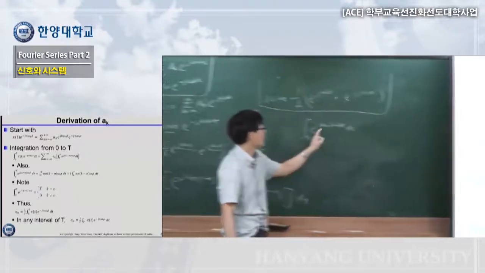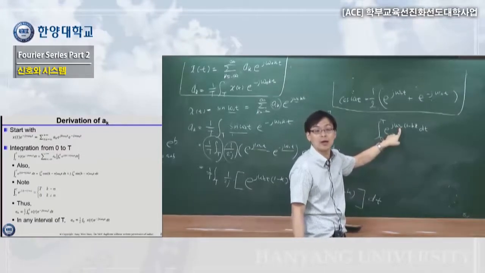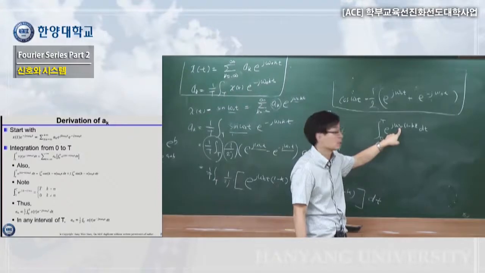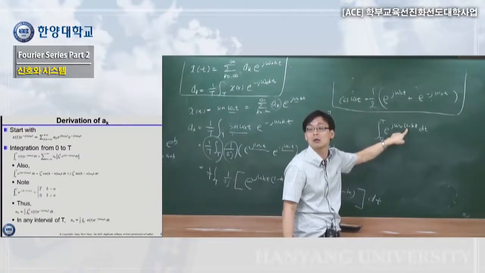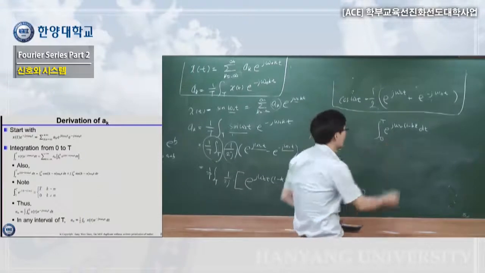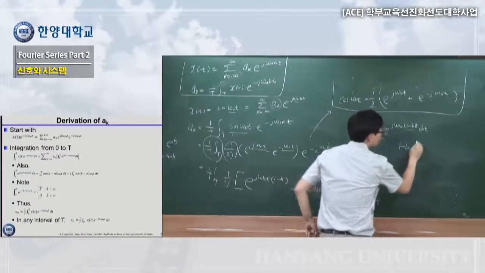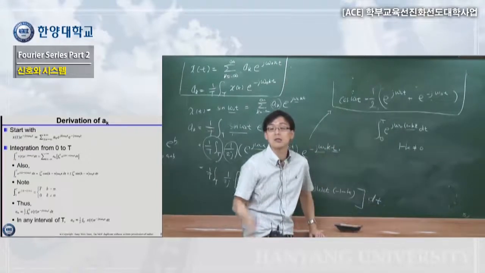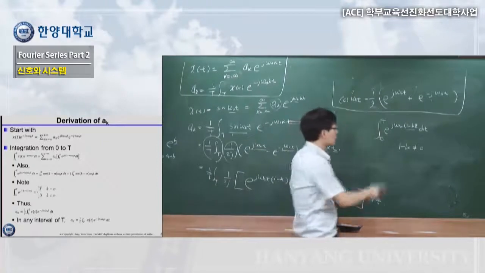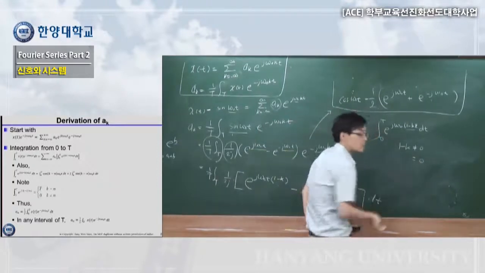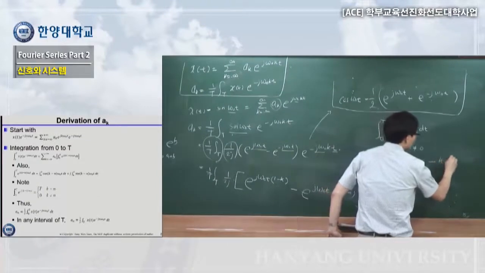A complex exponential having frequency of omega 0, which is 2 pi divided by T, times some integer number. This one is always 0 when this one, 1 minus k, is not 0. It's always 0, except for a few exceptions where this one is 0. That means when k equals 1.